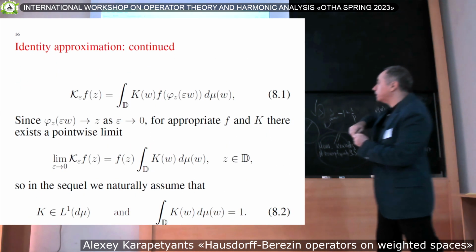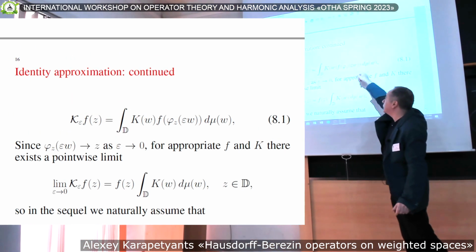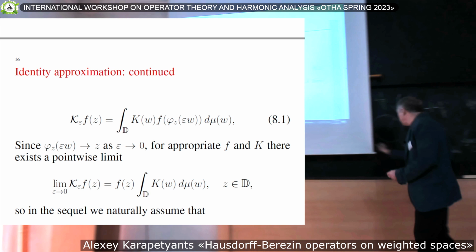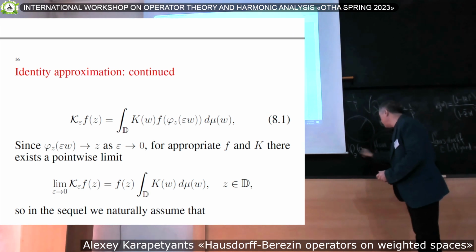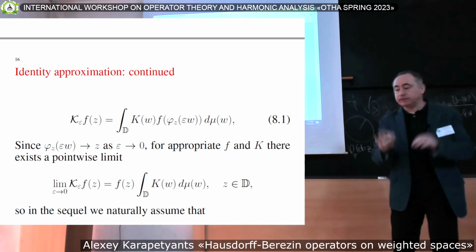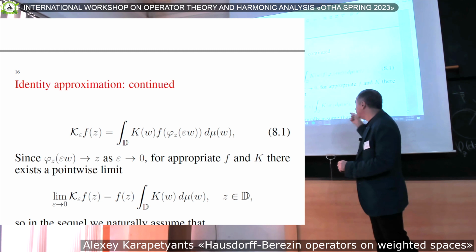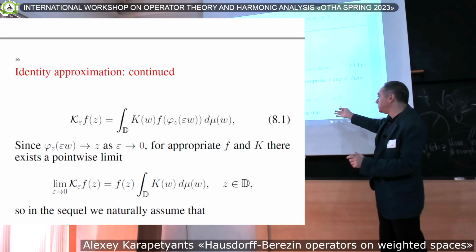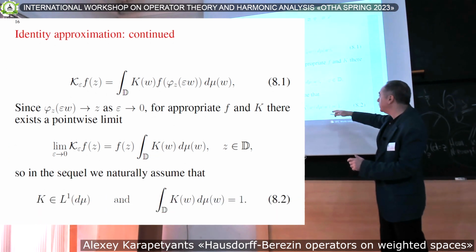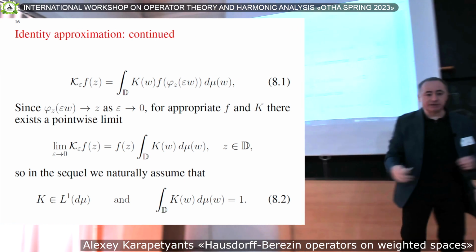You see, next slide. If you formally put here epsilon equals 0, then what do we have? Phi_z of 0 equals z, and formally I'm saying you can move f of z outside, and you have approximation, right? So if you impose these conditions on the kernel, then you have classical approximations.